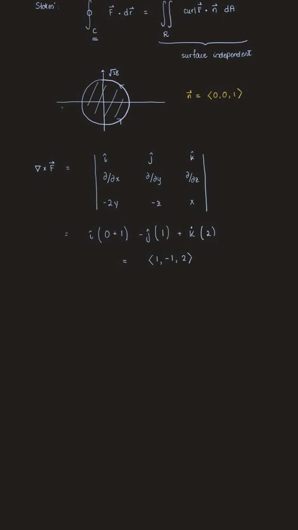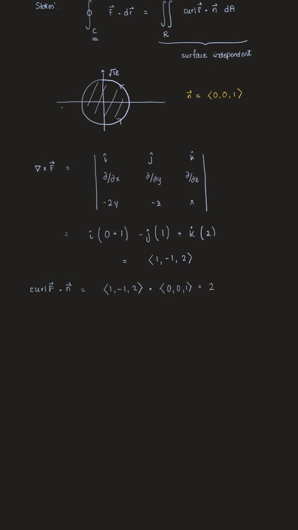Now, in order to evaluate the right-hand side of Stokes' theorem, the surface integral, let's go ahead and calculate the dot product between the curl of F and our normal. So we have 1, negative 1, and 2, dot product with the normal, 0, 0, 1. And so this will just give us 2.